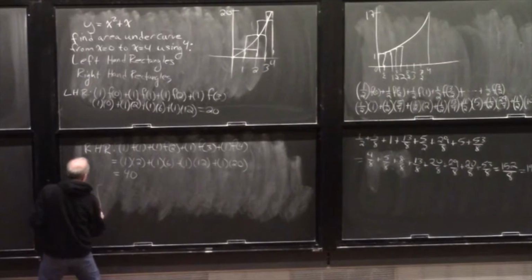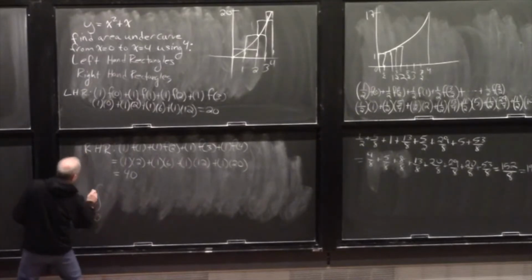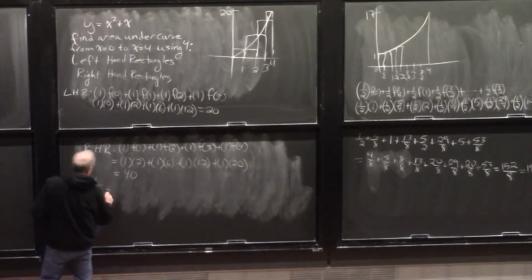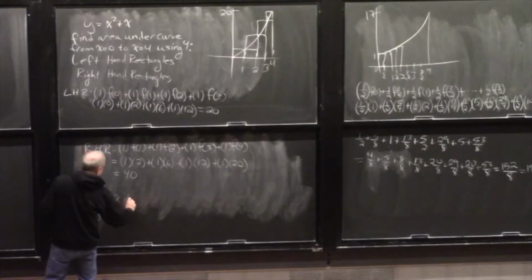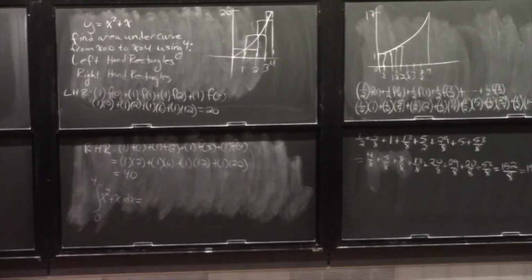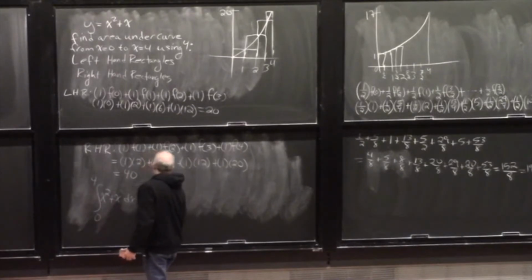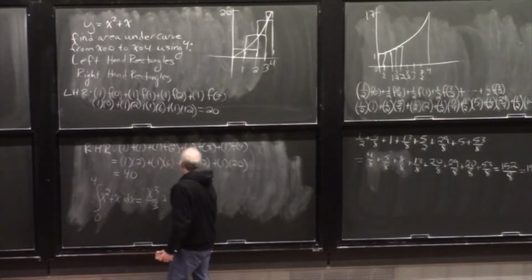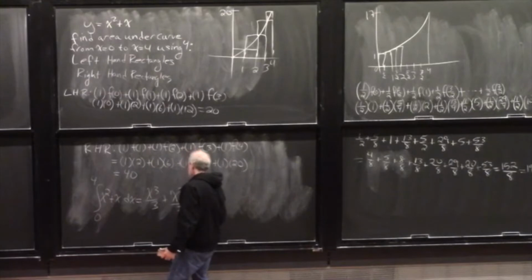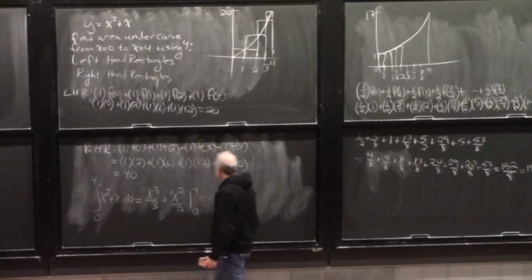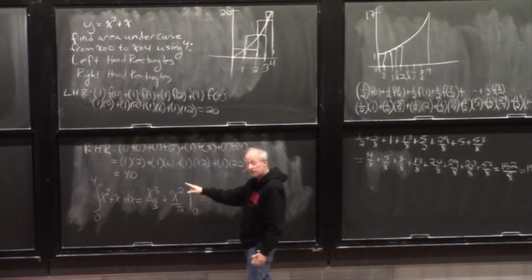So if you want to get the actual area, you would go from 0 to 4, integral of x squared plus x. That is x cubed over 3 plus x squared over 2 from 0 to 4. Plug in 4 and plug in 0.